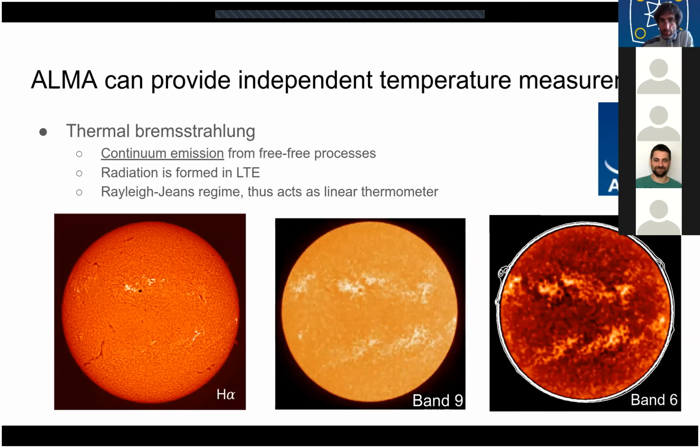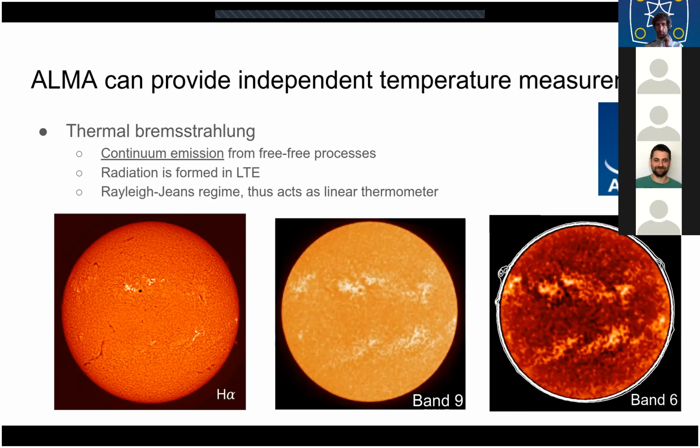I'm assuming that you're somewhat familiar with that, just the radiation from charged particles, say electrons, moving through the plasma and slowing down as they encounter various ions. So this is a continuum emission.